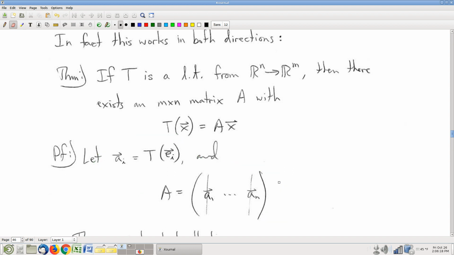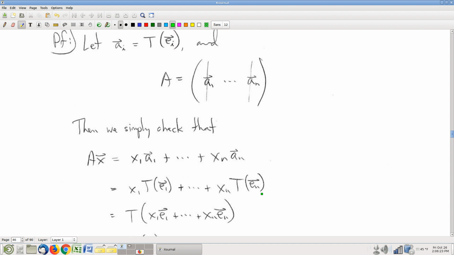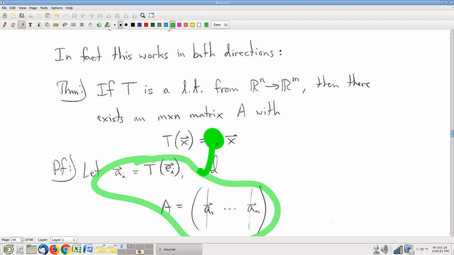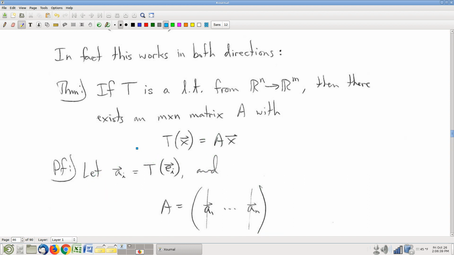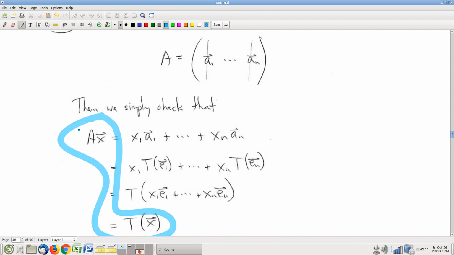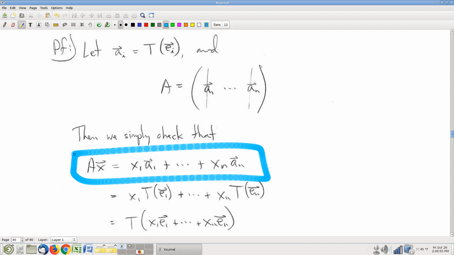It's easy to confirm that this works. It's just a straight up calculation. Keep in mind, my goal is to show that this matrix indeed represents the linear transformation that we started with. So I need to show that T of x is equal to Ax. I'm going to do that with this calculation here. Notice you can sort of cheat and get down to the result. Ax is T of x as follows. That's how matrix multiplication works.